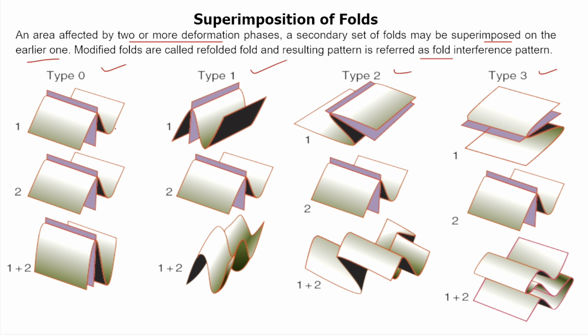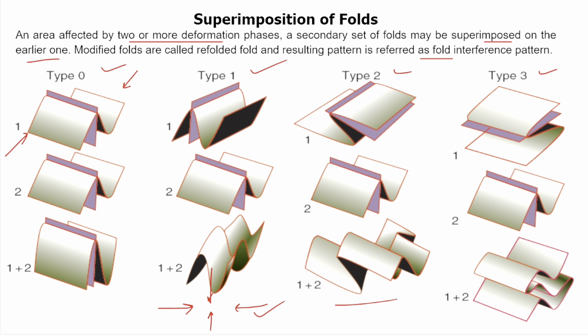In type 0, force is applied only from one direction. In type 1, force is applied in this direction as well as from this direction, like this. And in this case, the forces are applied in the same way, but the condition is different.